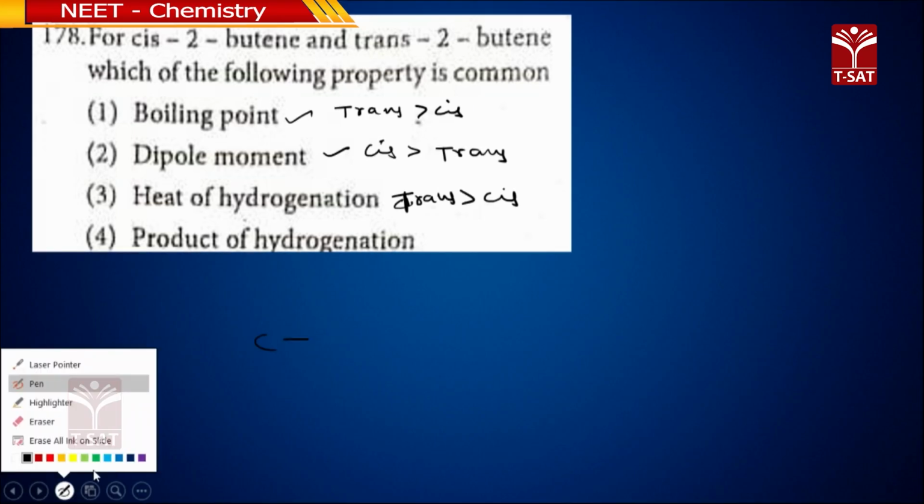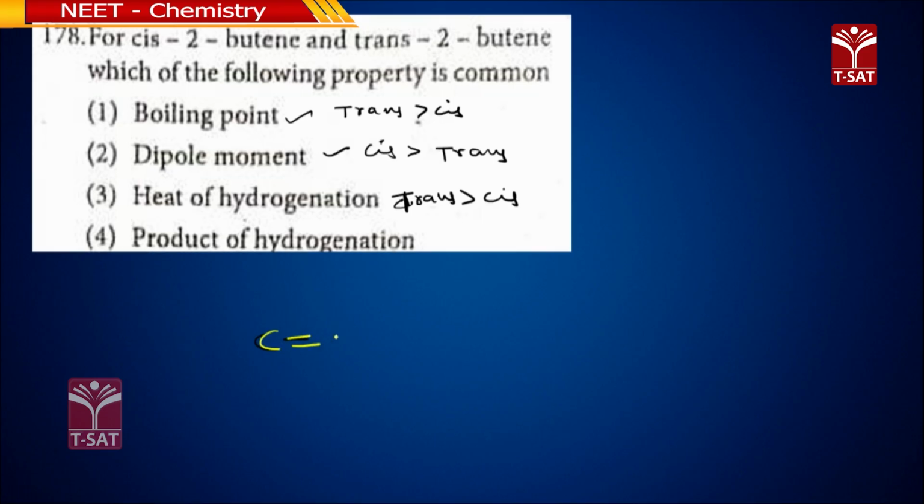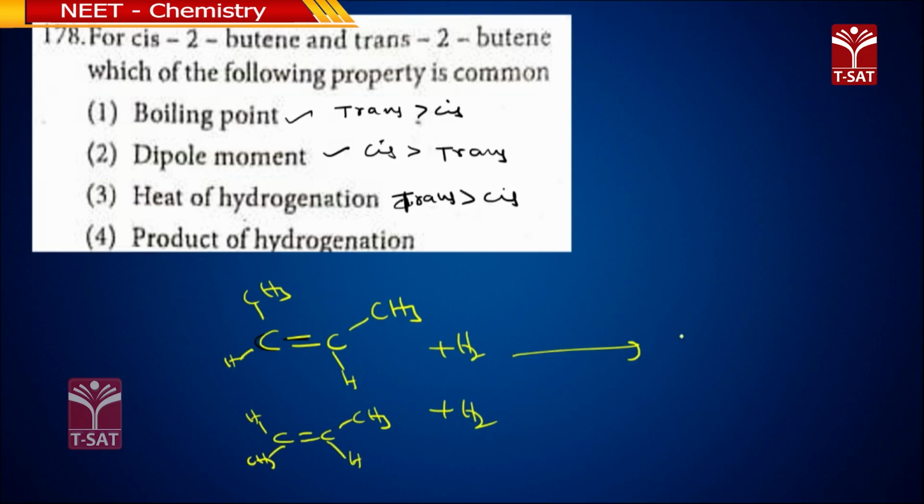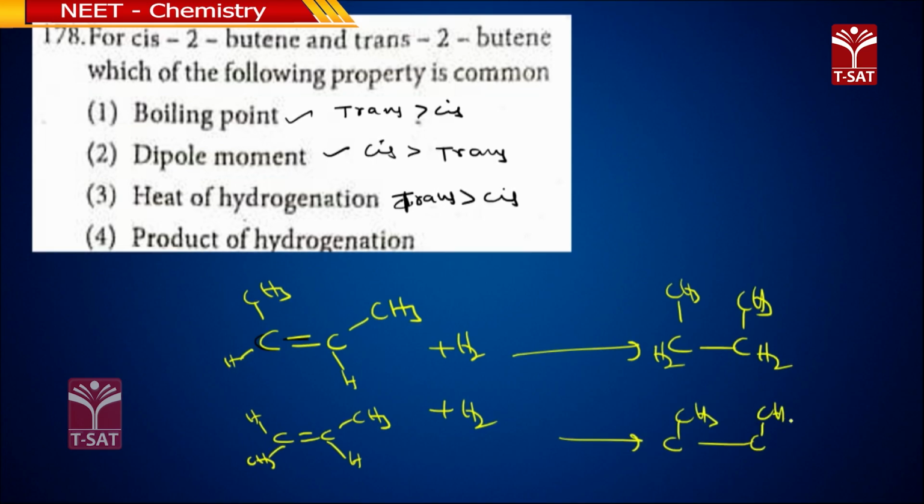He is asking which of the following is the same. If you take cis, CH3 and H on the same side, and trans, CH3 and H on opposite sides, and react with H2, one more hydrogen is added to each carbon, and you will get the same compound, butane.